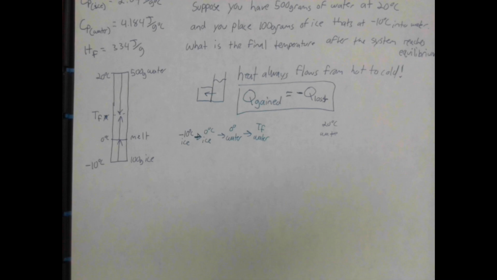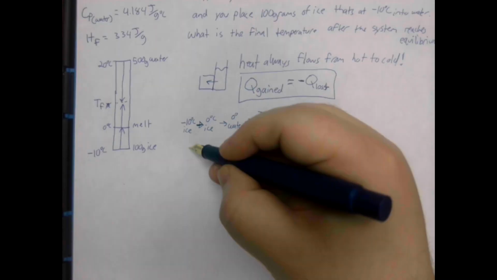Note that to flip this equal sign, we need to add this negative. So here we're going to write out the equation. This is heating up, so this portion of the heat would be the mass of the ice times Cp of ice times the change in temperature of the ice.